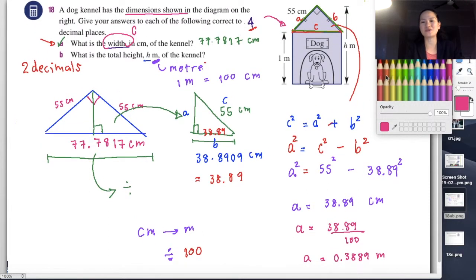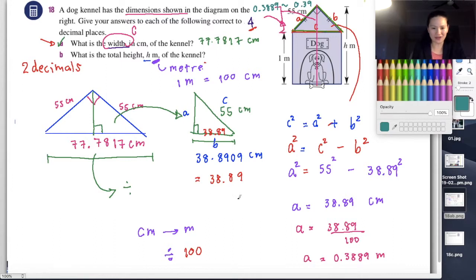If they say total height, that means from the top until the end here. So you know this one equals 1 meter. And this one that we calculated is 0.3889, or we estimate it to 0.39.